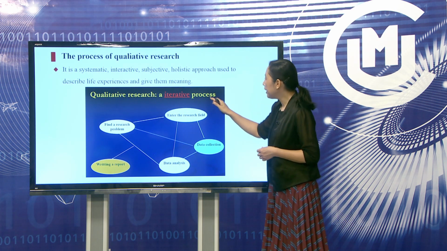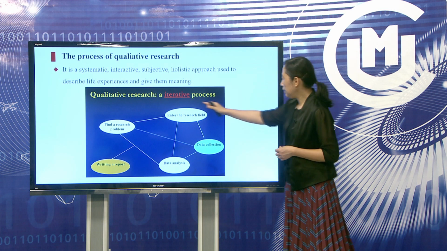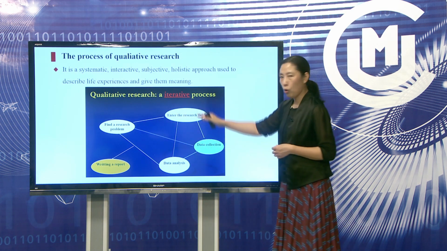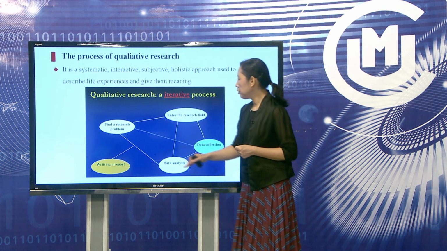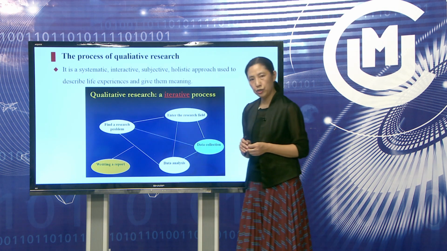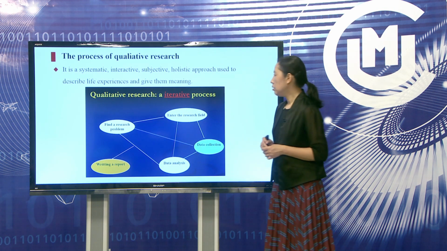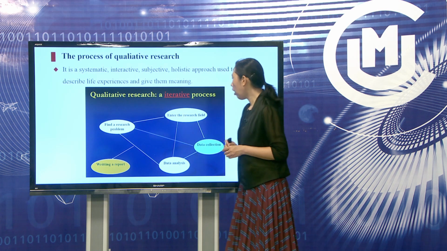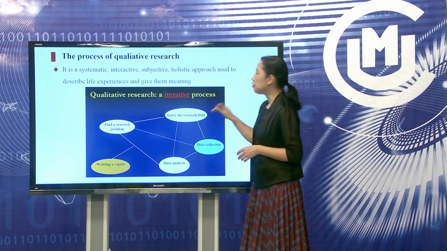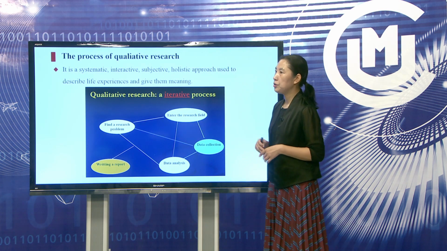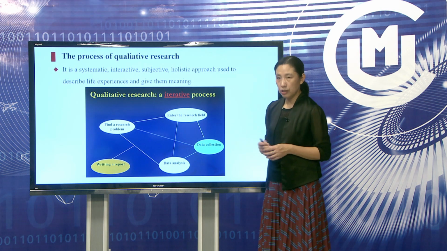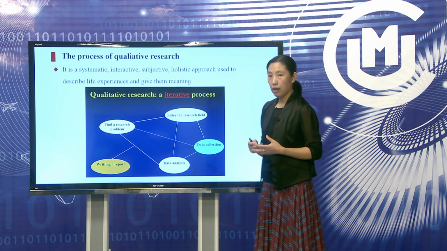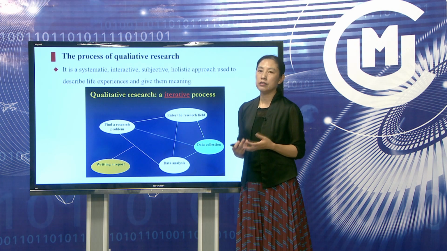So in qualitative research, you will see this process is totally different from quantitative research because it's an iterative process. It's kind of a circle. So as a researcher, you found a very interesting research problem. From this research problem, you enter the research field, such as you enter the ward, or you enter the nursing home to observe how nurses take care of elders with dementia.